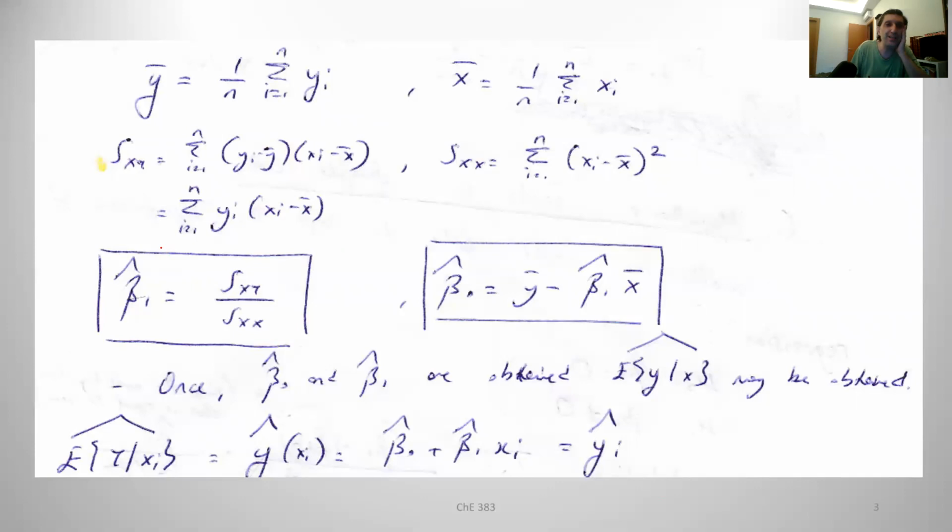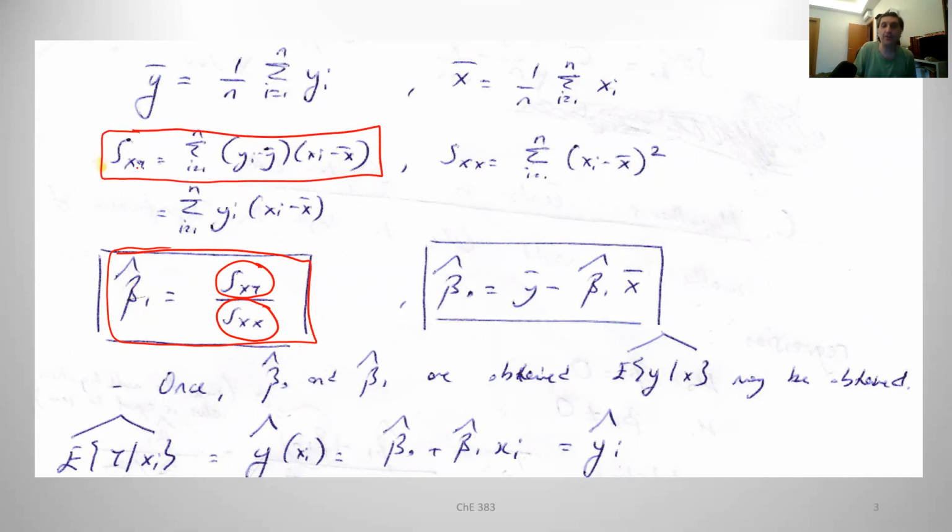We end up with these solutions. Basically, what we call beta 1 hat can be found as the ratio of the sum of squares of the xy product and the sum of squares of x values. And what are these? Sxy is actually equal to this one.